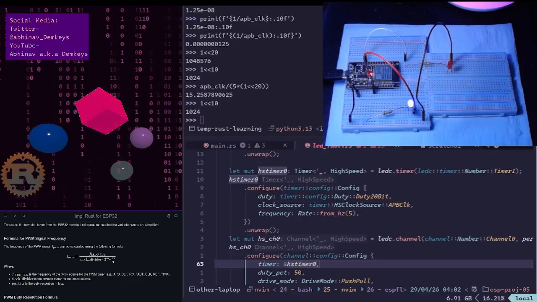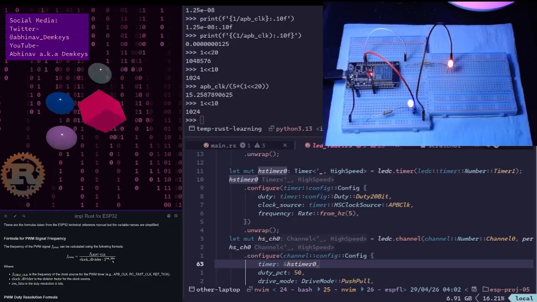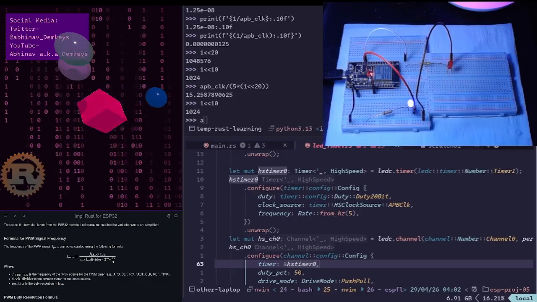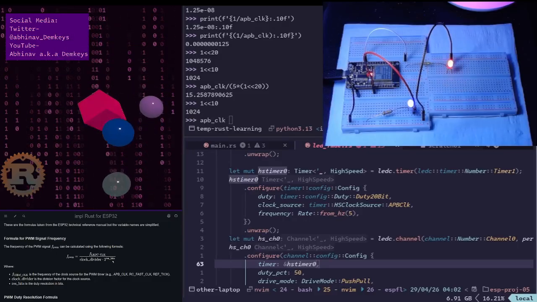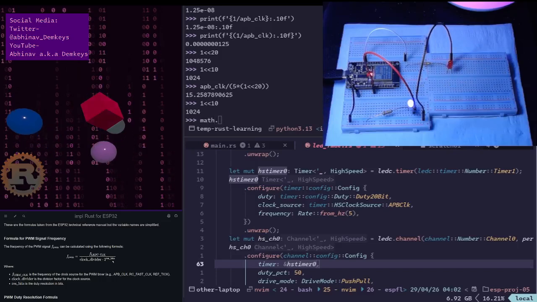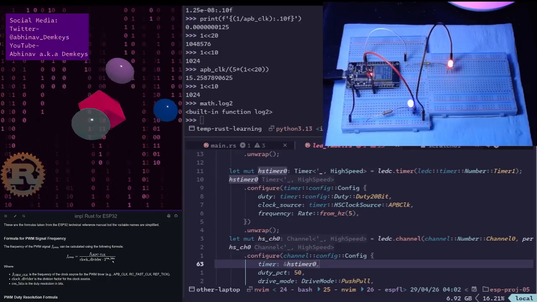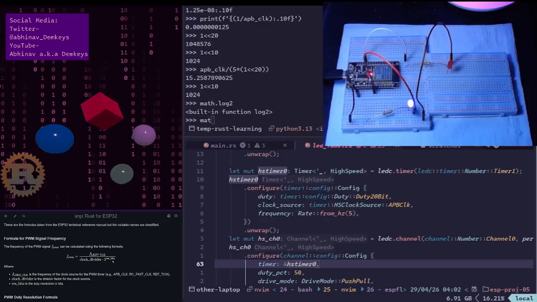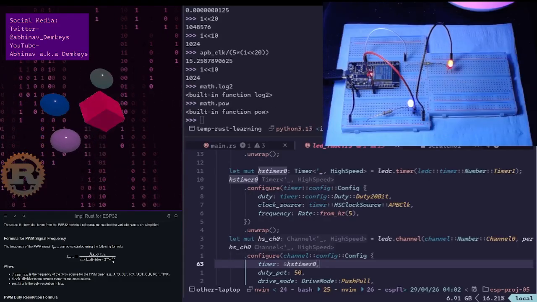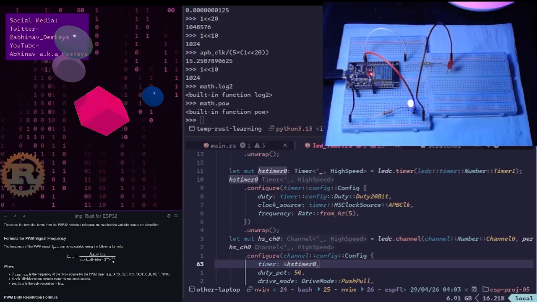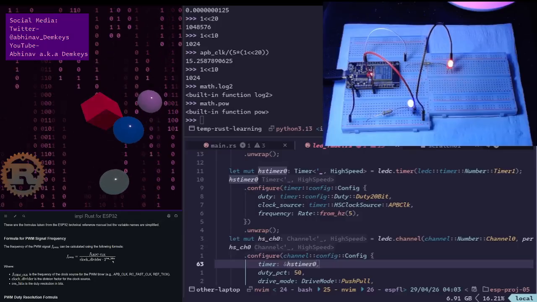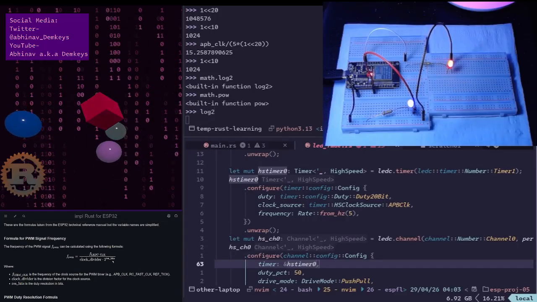Let's calculate our APB clock equals, wait, do I have math.log? I do. Okay, actually, that's not what I need though. I probably need math.power. That is a built-in function. Wait, I didn't need this? I needed this.